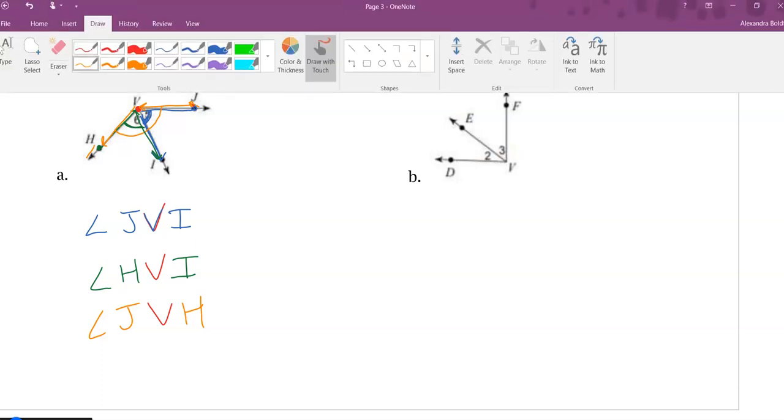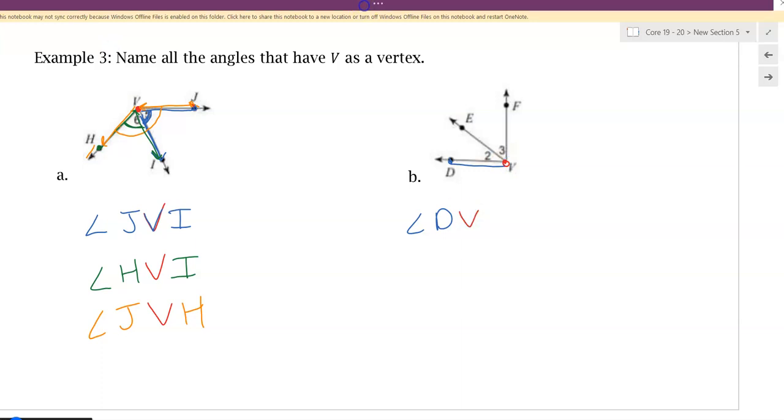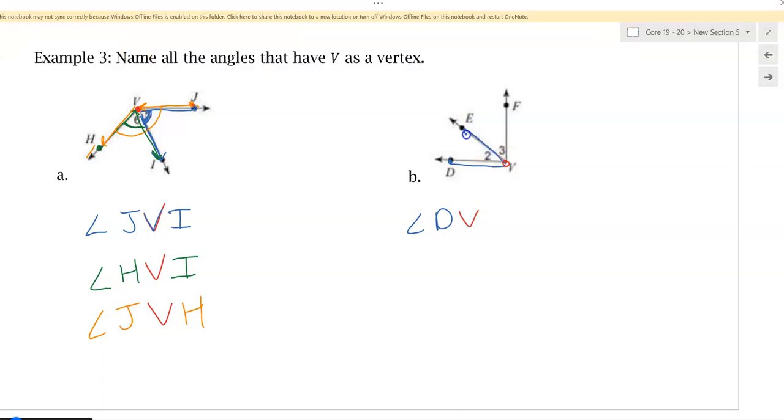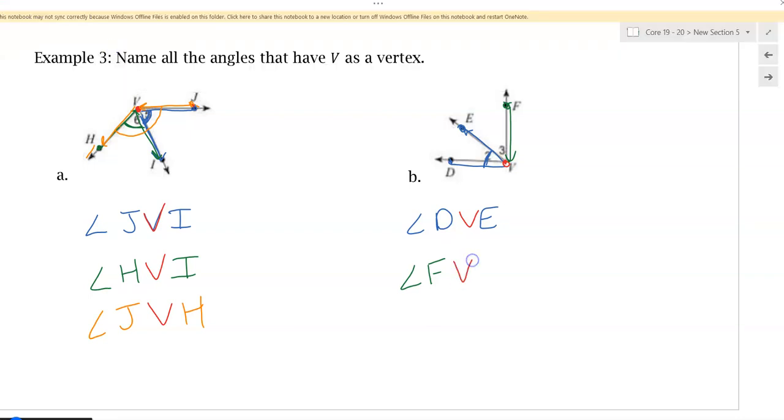Same thing here. If I start at D, and I go to V, which again is my vertex, and then I can go to E, that creates this angle here. I can start at F, go to V, and then go to E, which creates this angle here.